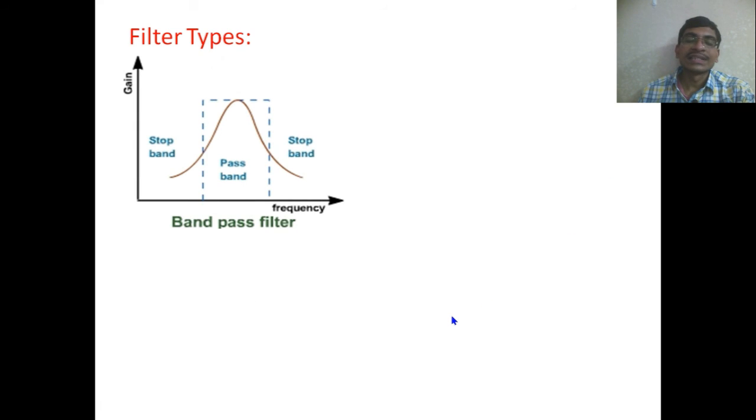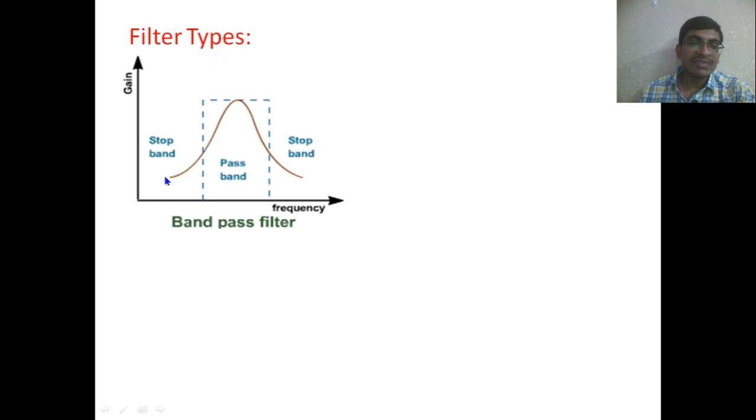Let us see the band pass filter. The band pass filter allows only a certain band of frequencies. See this band of frequencies here. This band pass filter will have one pass band and two stop bands. This one is the pass band and these two are the stop bands of the band pass filter.